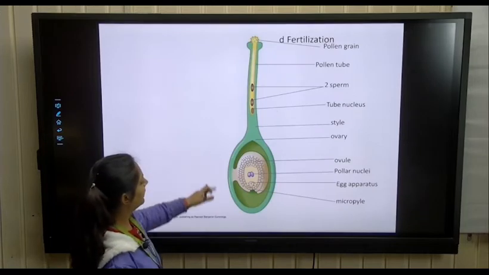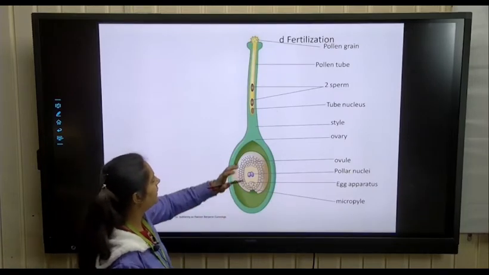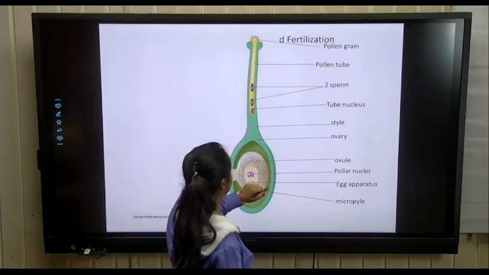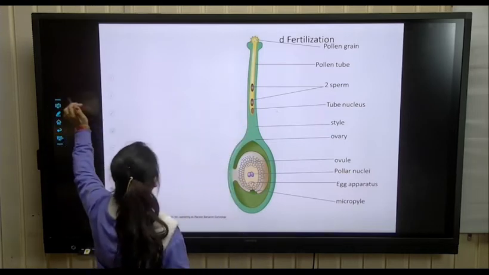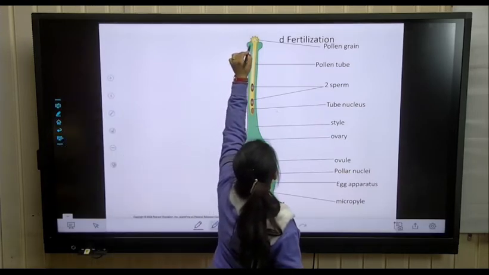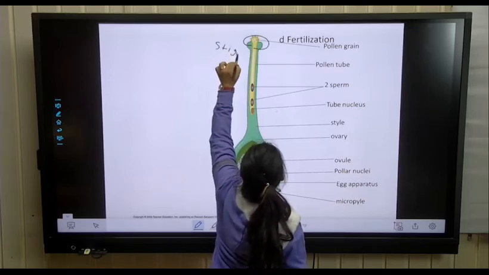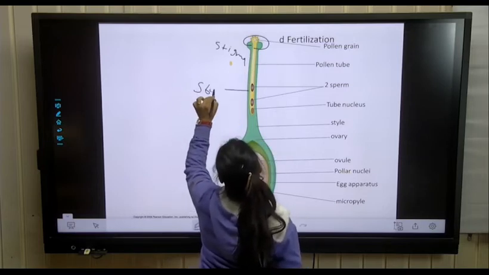Now there comes the process of fertilization. Fertilization starts from the stigma. This is the general structure of a female, and it contains 3 parts. First part is known as stigma, and the other part is known as style.